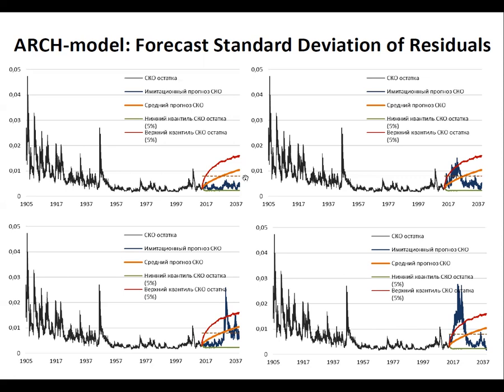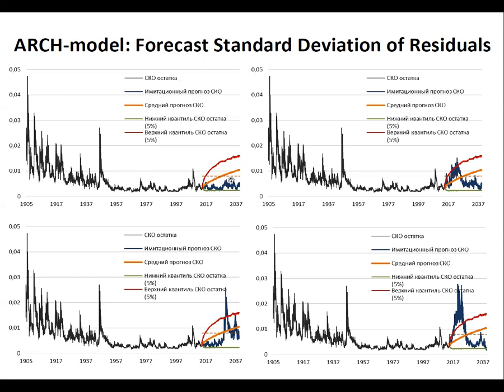This brown dotted line here is the forecast sigma according to the ARMA model without the addition of the ARCH effect. There we had, in my opinion, 8,000, and here it is sigma 8,000. That is, ARMA without the ARCH effect predicts for us that sigma is approximately at the level of the average historical values.